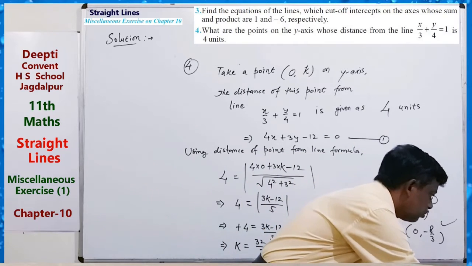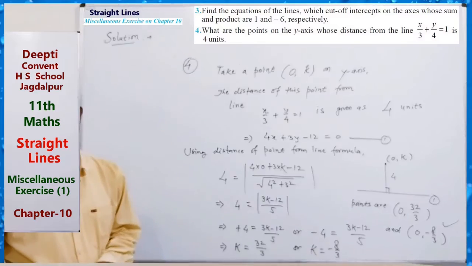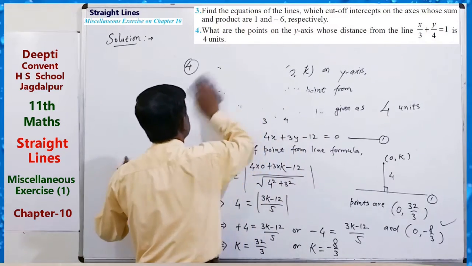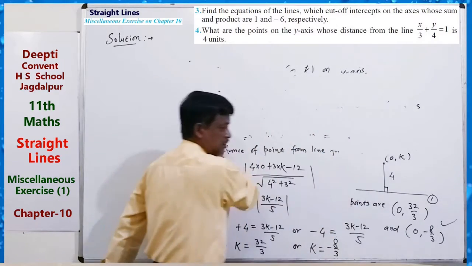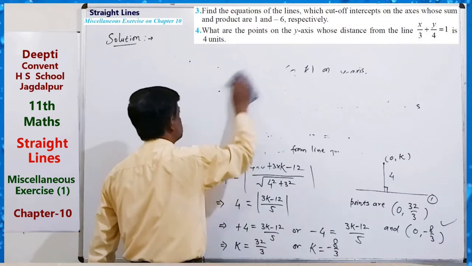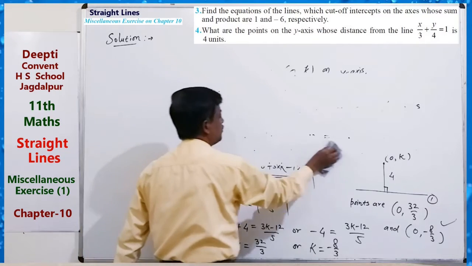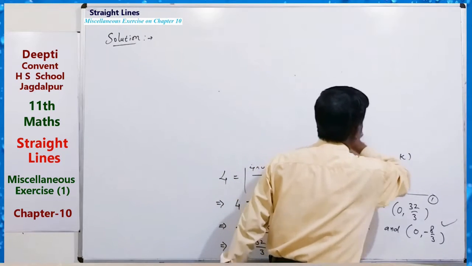Now, question 5th. You can see the question 5th. Find the perpendicular distance from the origin to the line joining these 2 points. So, this is a general question. Here you have to solve a trigonometric expression to find the value.